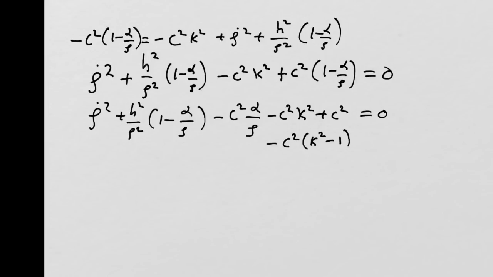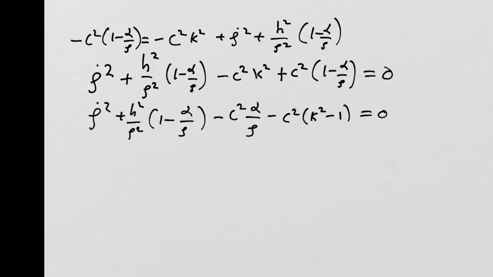If I were to expand that through, I'd get a minus c squared kappa squared and a minus c squared, which is a plus c squared. So you get this expression here, and that's what I want right up there, so I'll move it right there.